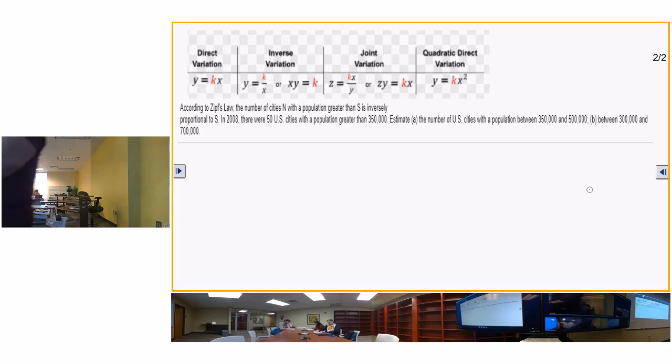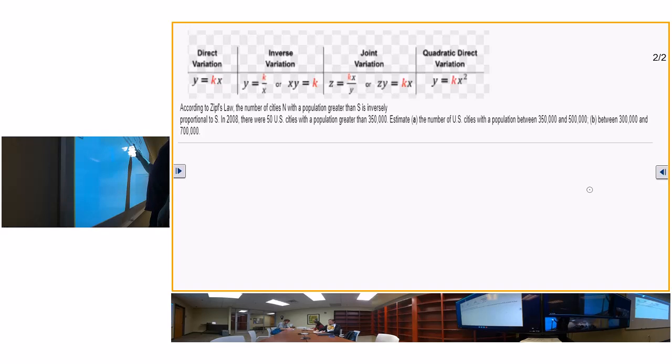The number of cities with a population greater than S is inversely proportional to S. So N is inversely proportional to S. That's what that says.